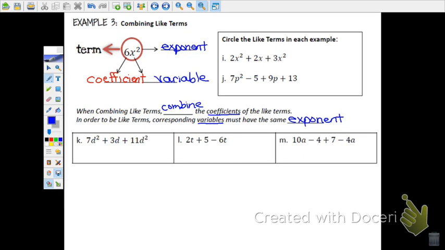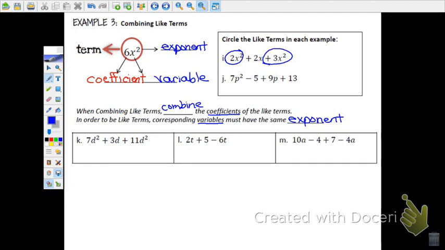So if I look in this box, they want me to circle the like terms. So in example I, the 2x squared and the 3x squared are like terms because they have the variable x and the exponent of 2.